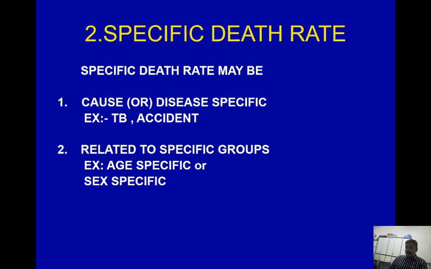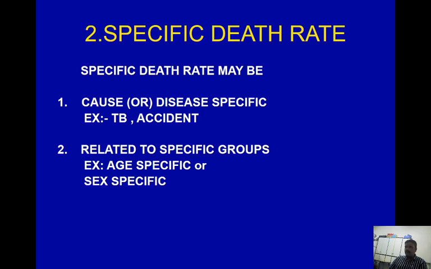So specific death rate, you can divide into different ways. One is cause specific death rate, or age specific or sex specific death rate. So anything that you specify in terms of the death rate would be a specific death rate.